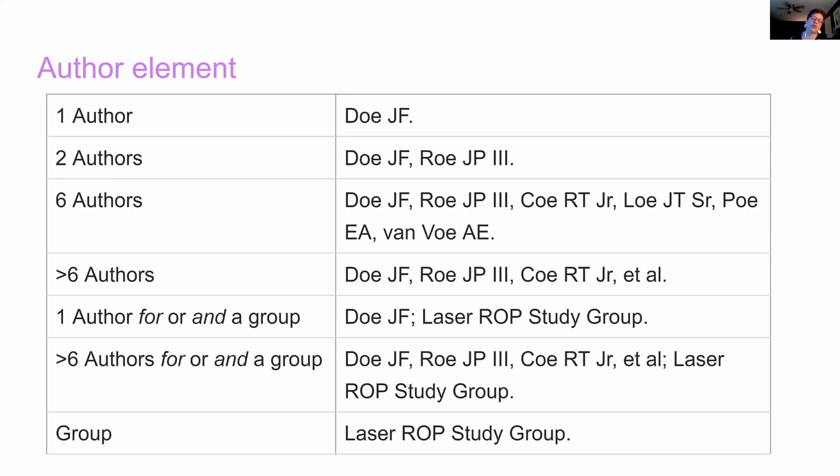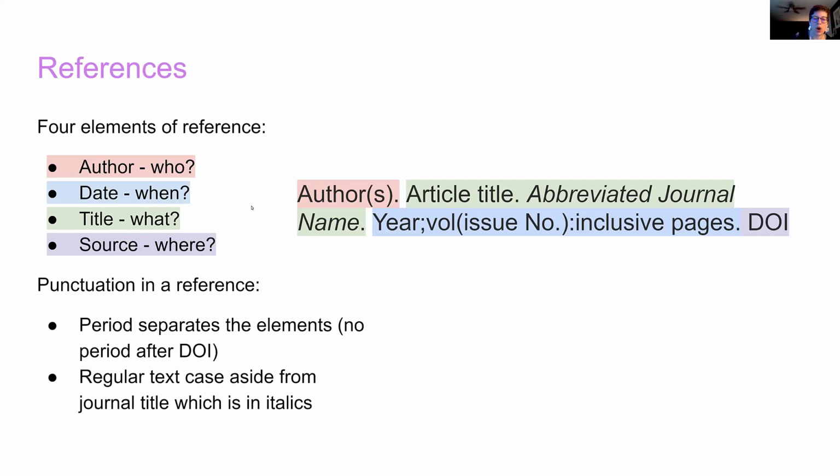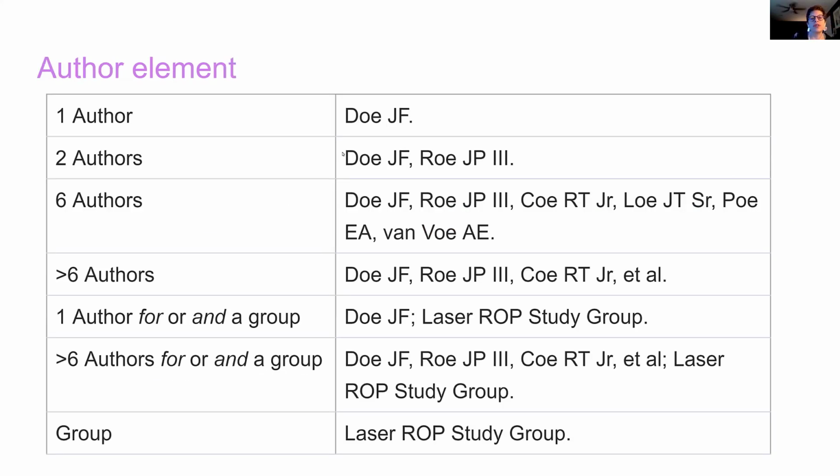This is a chart from chapter 3 of the AMA book, and it talks about that author element. When you list your author or authors, you will list them with their last name, capitalized, no comma. You just put their last name, a space, and then their first 2 initials. So with one author, we have Doe space JF period.